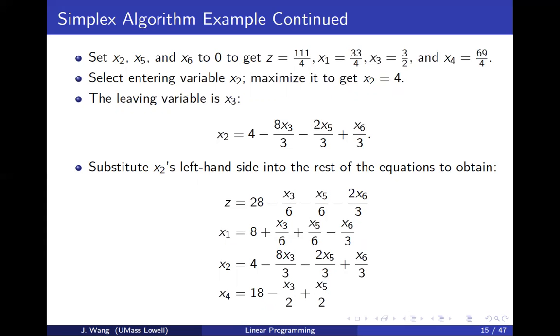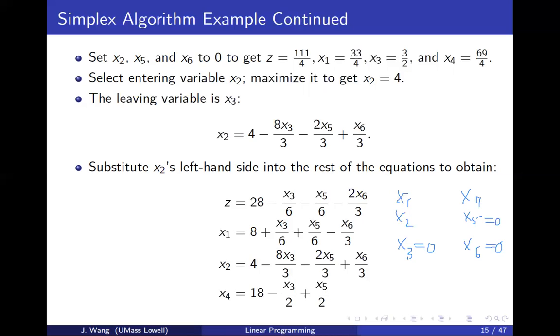So what I'm going to set is x3, x5, and x6 to 0. So x1 is the original variable, so I want to set it as 0. And then x4, x5, x6, I want to set to 0.